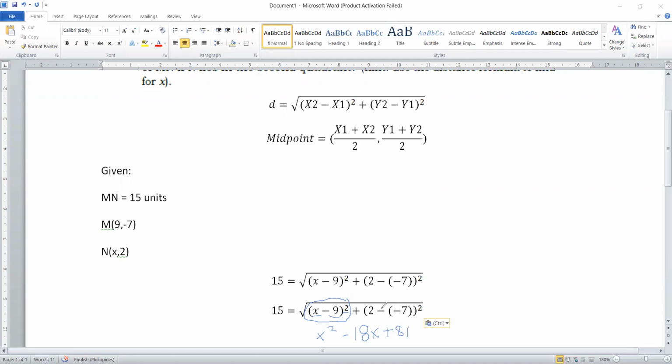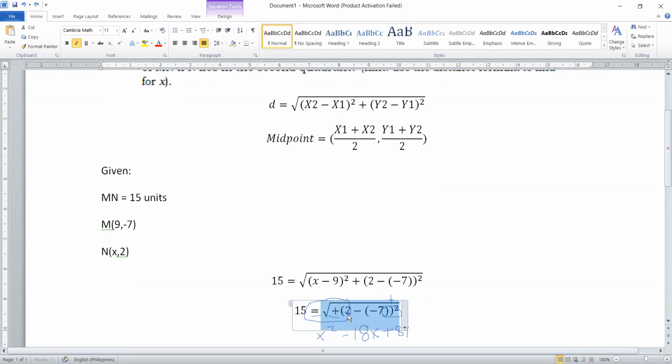And this one, this will be plus, so that's 2 plus 7, that will become 9. So let's change this one.